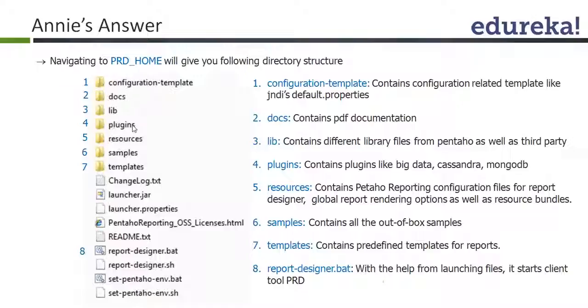So from that perspective, it is easier. That's the reason it is not kept under lib, but is created in a separate folder. Then resources is where Pentaho reporting configuration files are kept, which are used by the report designer.